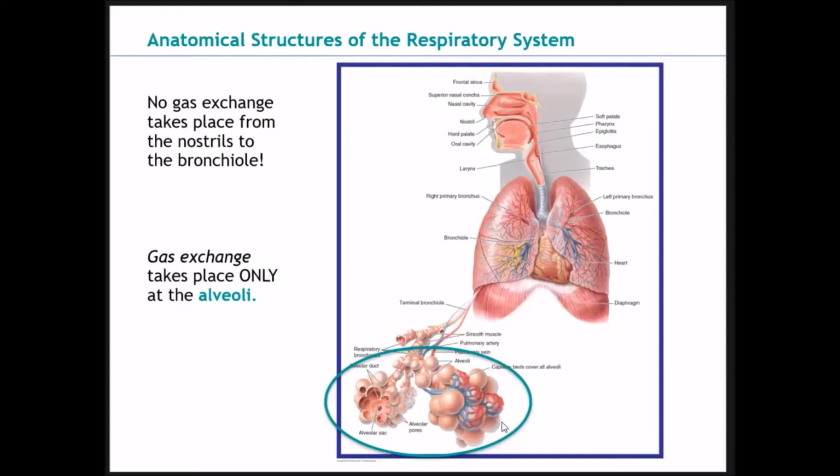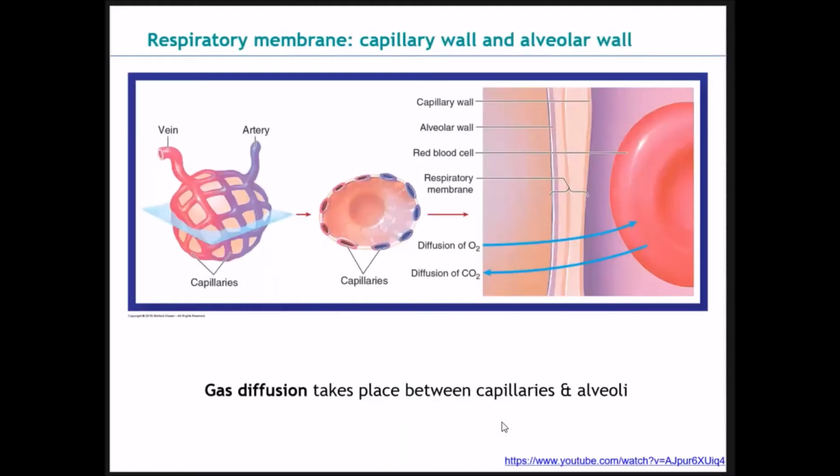Oxygen and CO2 exchange will be between the air in the alveoli and the blood passing by those capillaries that are surrounding the alveoli. We'll explain that more on this next slide. What this looks like here is a red blood cell, and we know red blood cells carry oxygen.